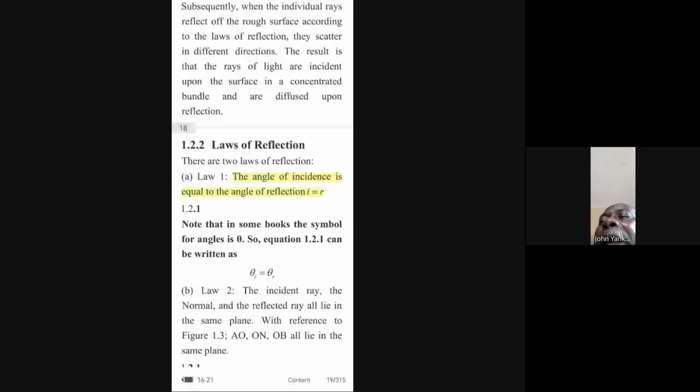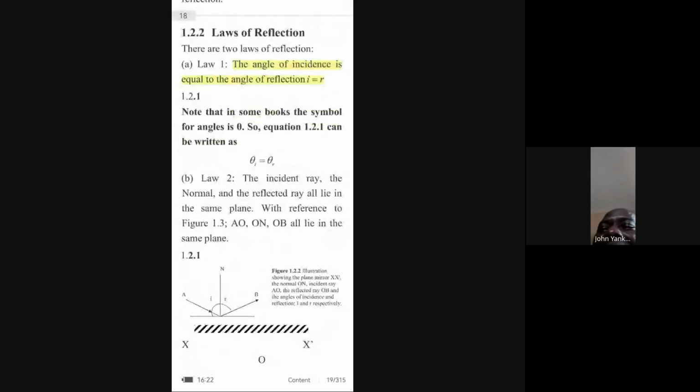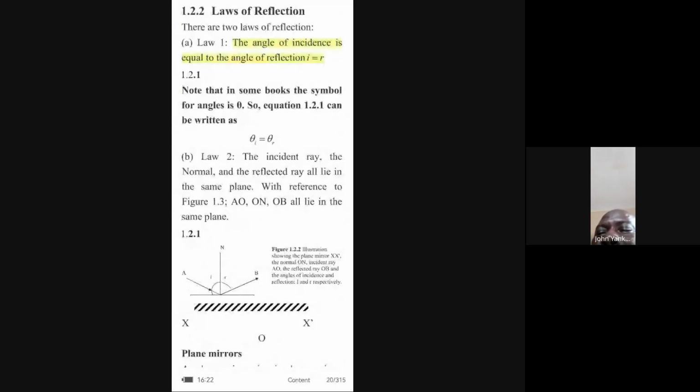We call this angle the angle of reflection. So if the angle of incidence is 30 degrees, the angle of reflection will also be 30 degrees. If the angle of incidence is 60 degrees, the angle of reflection will also be 60 degrees. I hope you're with me.